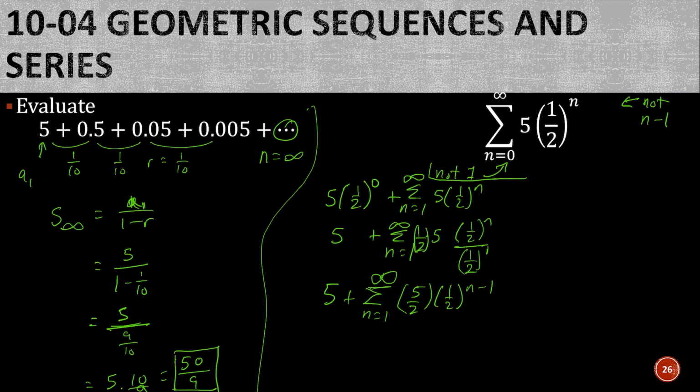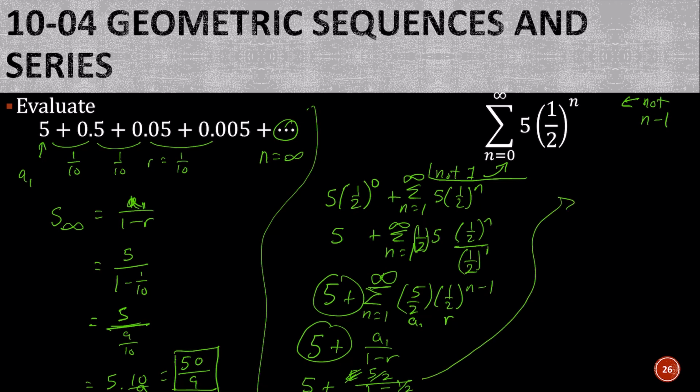And now we can see we have a1 and r. So our formula is a1 over 1 minus r, but I have the plus 5 in front of it, so I still have the 5 added in front of it. So a1 is 5 over 2. R is 1/2.